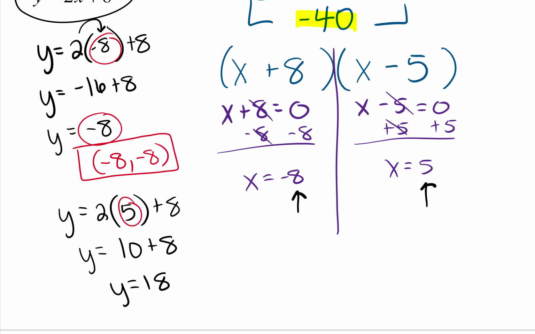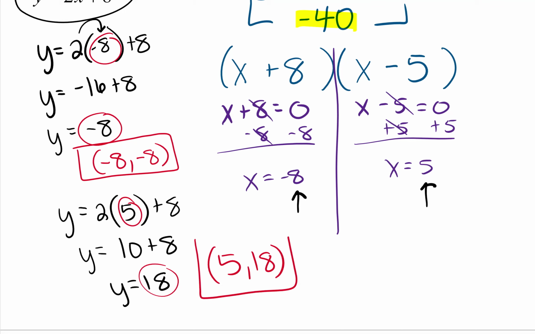This will give me x and y, so my second answer is 5, 18. So, my apologies, but luckily I caught it before we moved on. Those are my two answers that I would pick. Now, again, the test, because it's multiple choice, you will see a bunch of points like this, so hopefully that will remind you, okay, I found x, I gotta plug it in and get y. Alright?